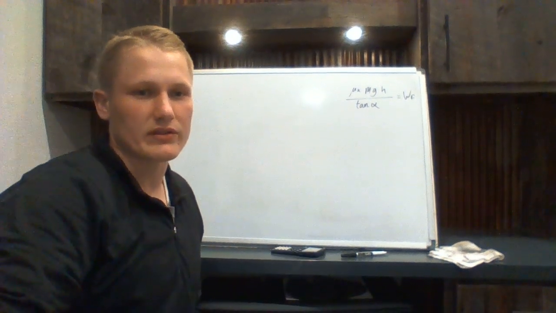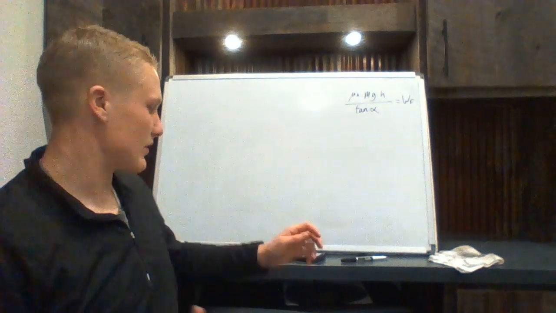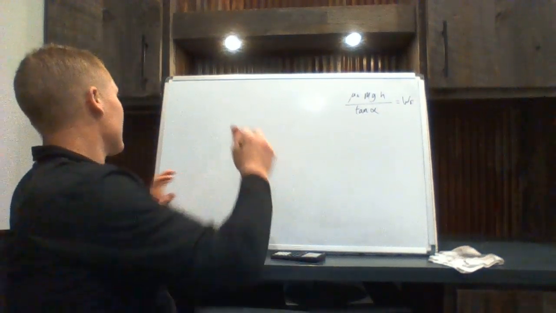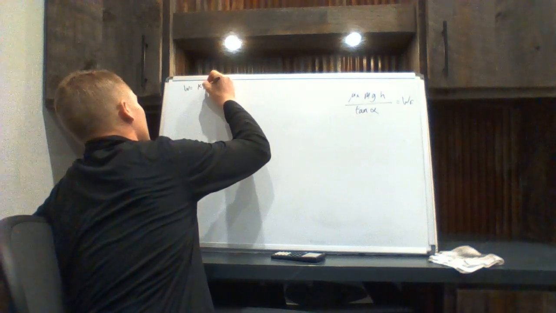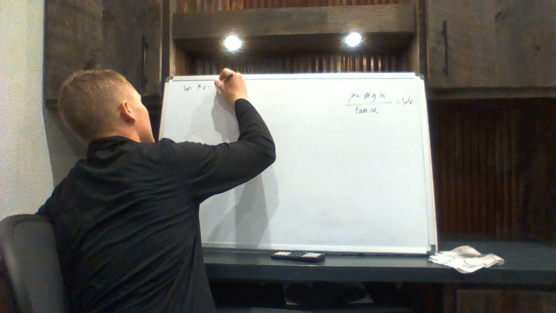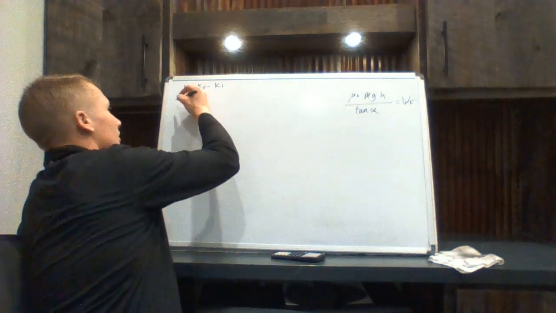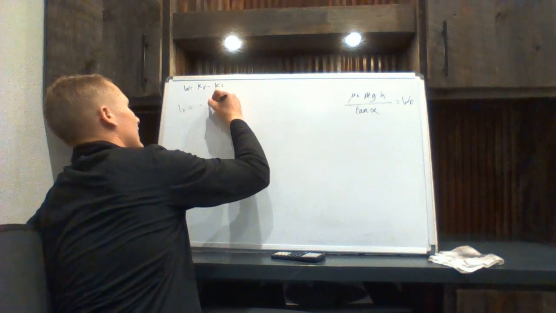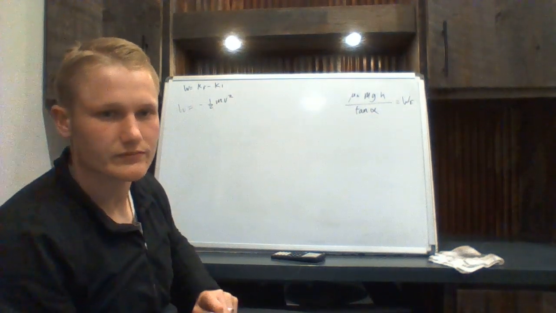And now we will do our kinetic energy. So we again go back to work equals Kf minus Ki. Our final kinetic energy will be 0. So you're going to end up with work equals negative 1/2 mv squared.